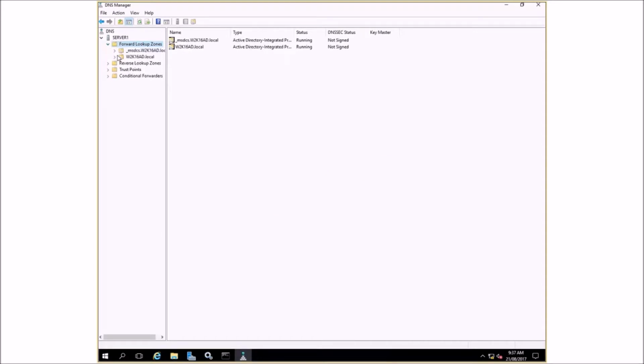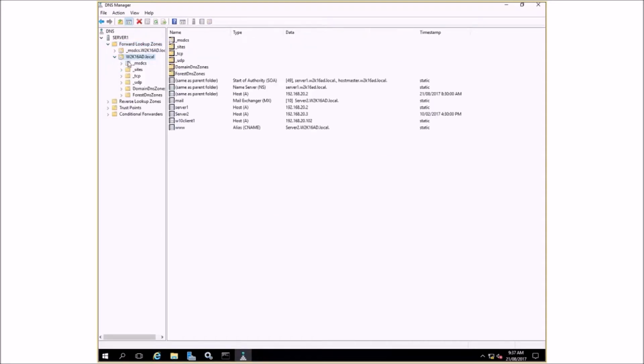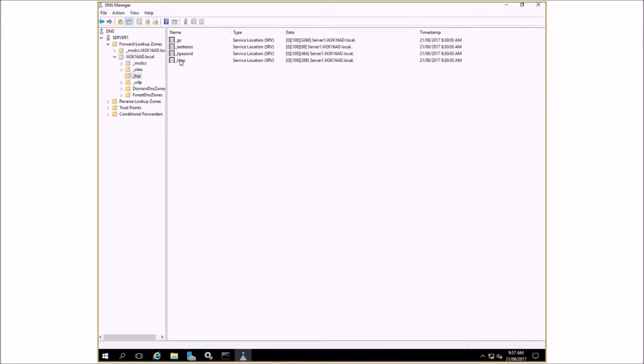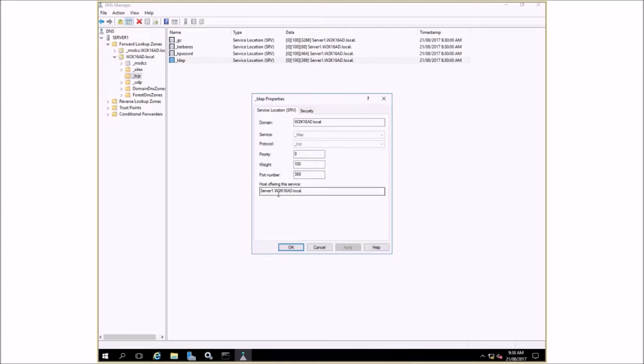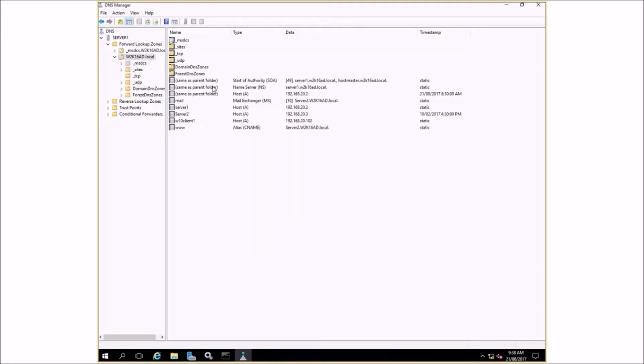And being an Active Directory integrated DNS, what it was able to do was say, hey, you're asking for an LDAP server? Well, your LDAP server is server1.w2k16ad.local. And that happens to be 192.168.20.2.